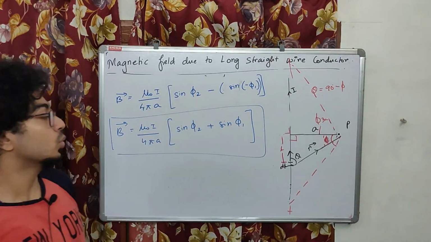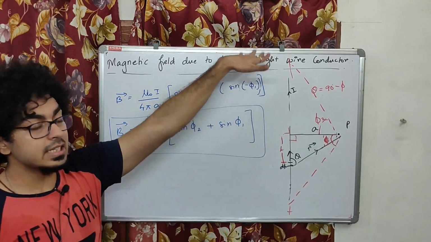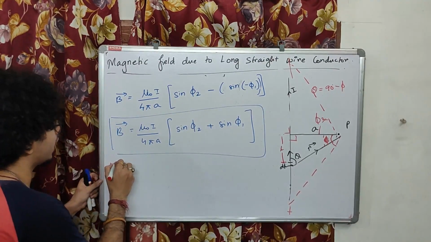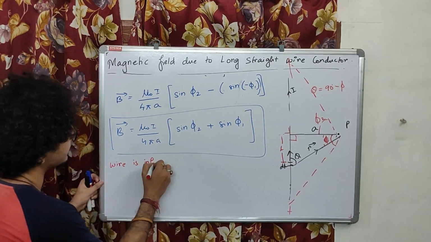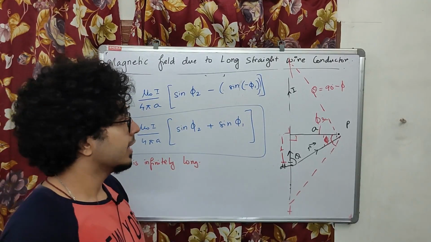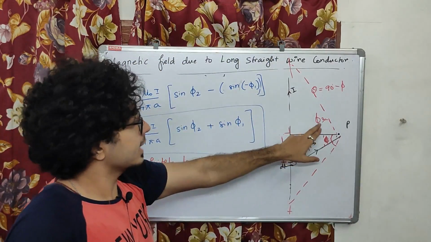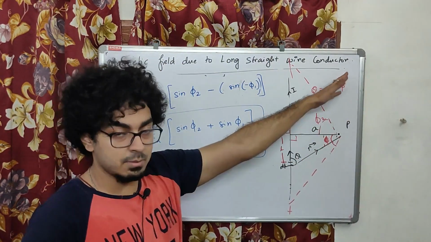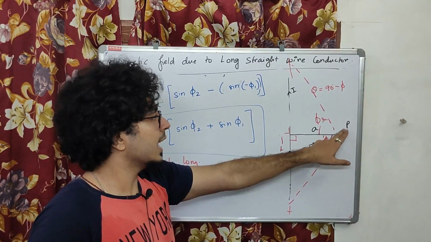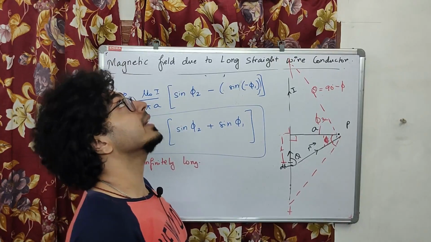Now you have to do another trick. What is it? See, if the wire is infinitely long, what does that mean? Then this wire is very long. For that, phi 2 will be very large, maximum it can be 90 degrees. Suppose you are standing over here and you have to watch a very tall building, the angle of elevation will be like this.